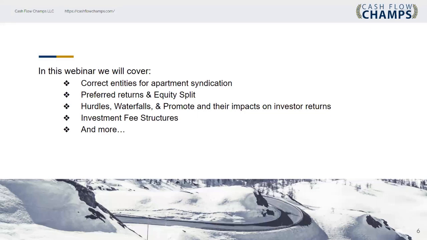Let's talk about the equity split for a little bit here. Now, for the equity split, Cash Flow Champs normally do a 70-30 split for investments, at least at this current time. This equity split can vary, right?